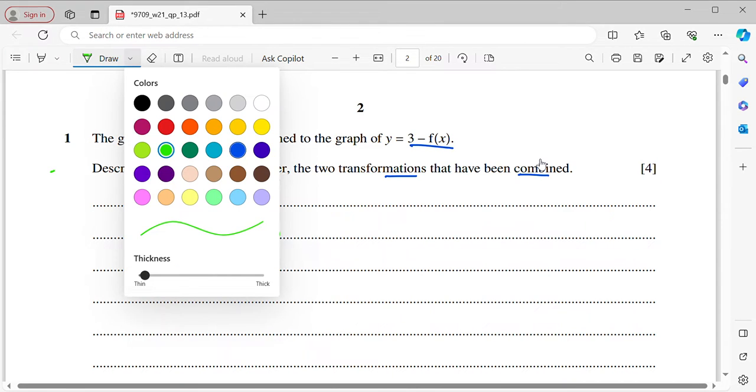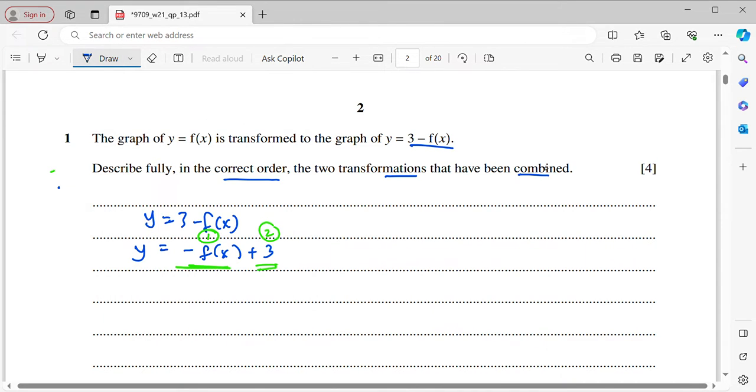So from here, the minus f(x) is basically referring to the reflection in the x-axis. And then for the plus 3, that is a translation. So I will write followed by translation.